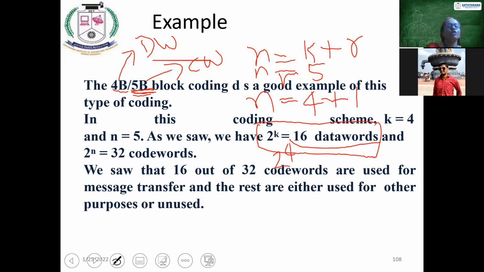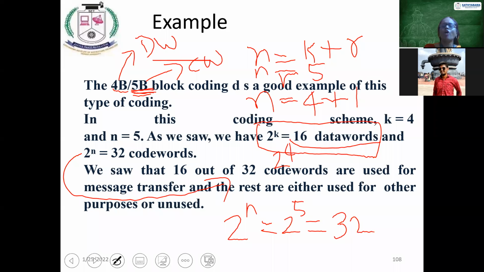So n equal to 5. 2 power n is 2 power 5, which is 32 code words. But how many data words are there? 2 power 4, 16 data words. But how many code words are generated? 32, ma'am. Just see, the remaining 16 are unused.